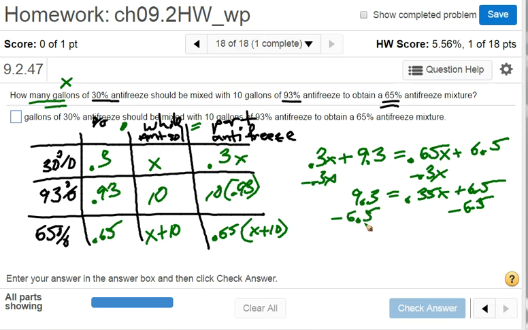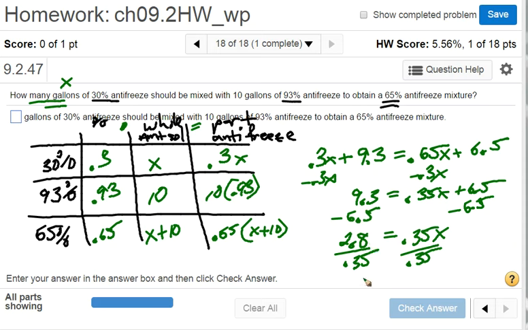So I've got 9.3 minus 6.5, which is 2.8, equals 0.35x. So we divide by 0.35 on both sides.